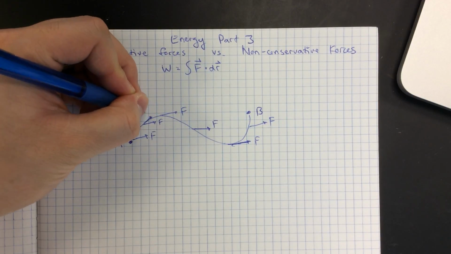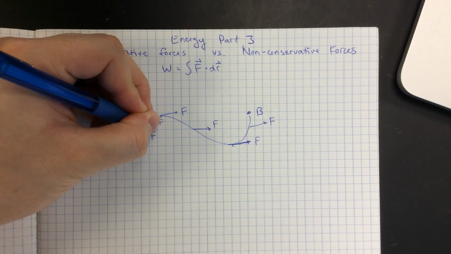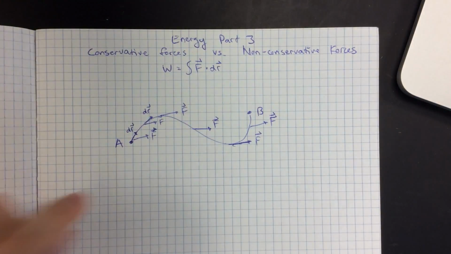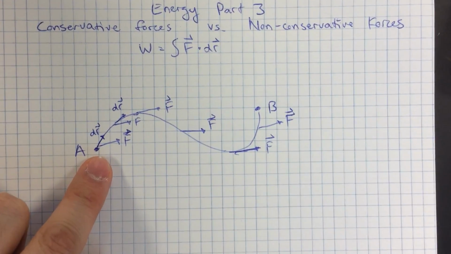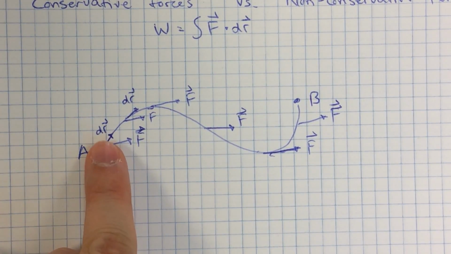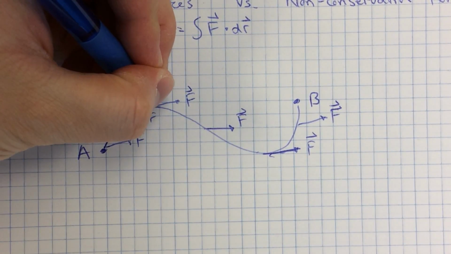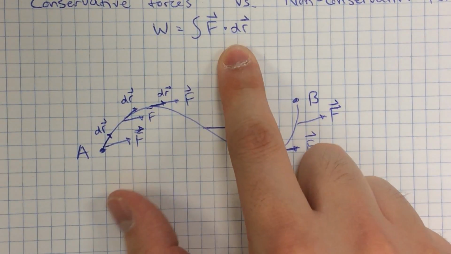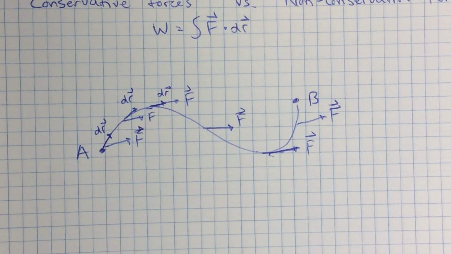As this object travels along, the path that it takes can change. These are all little vectors: vector F, vector F, vector F, vector F. And this is a little dr. At one moment it's going a little bit more up and a little to the side, and then here they're in line with each other. The dot product says you only take the component of the force that is parallel between the two vectors.